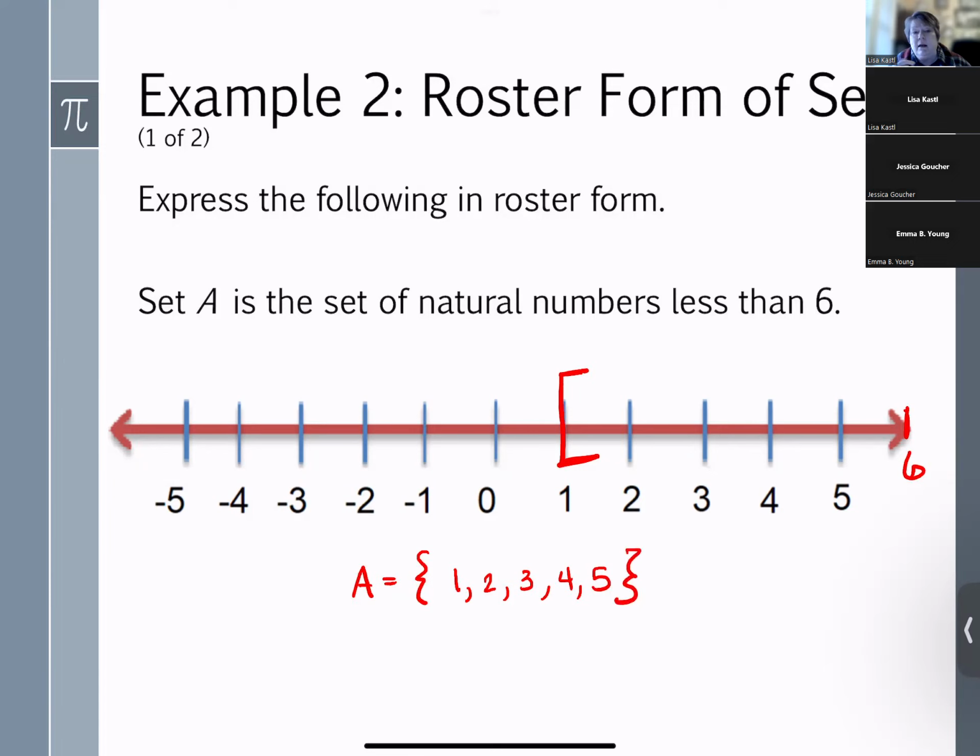So we've taken a description, the set of natural numbers less than 6, and written a set in roster form. And again, roster form means we just list the elements in that set. So those 5 numbers, 1 through 5, are the elements in the set of natural numbers less than 6.